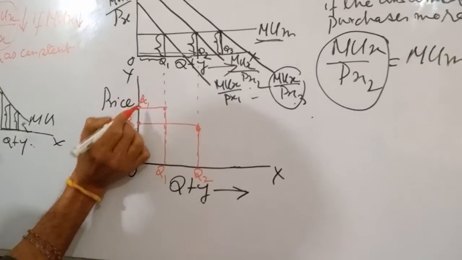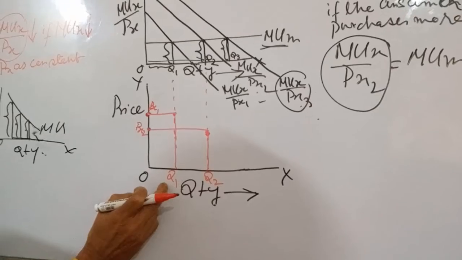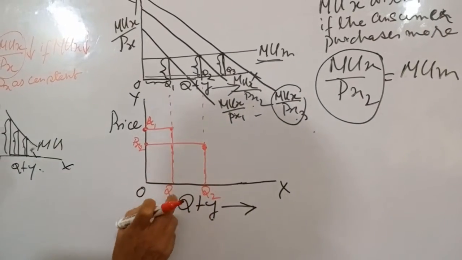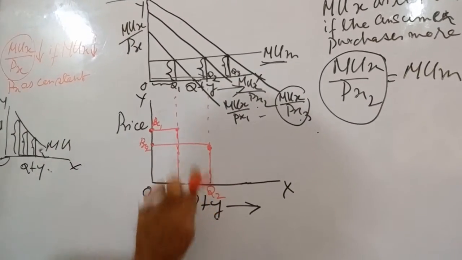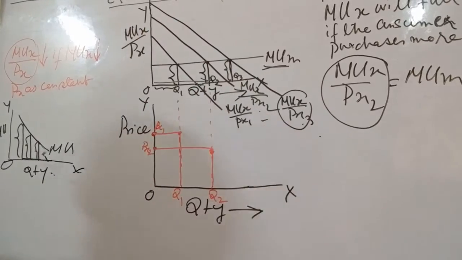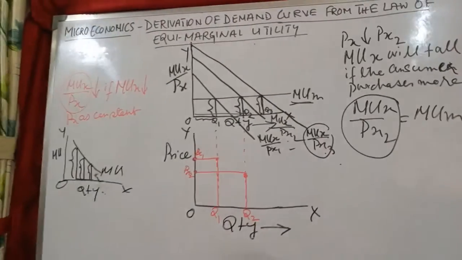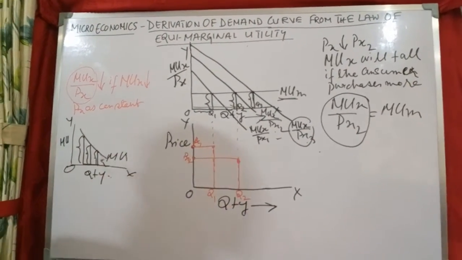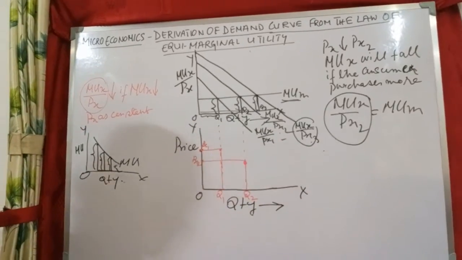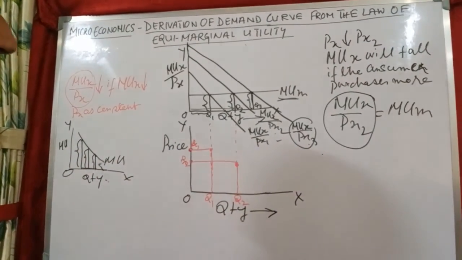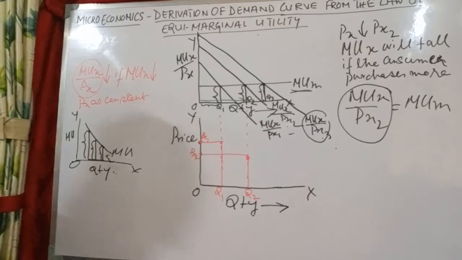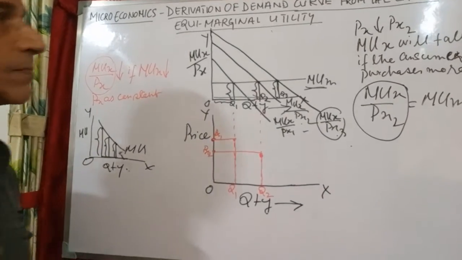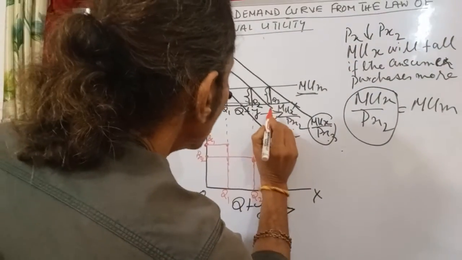This is Px1 and this is Px2. This is Q1 and Q2. Q1 and Q2 we have plotted from this part of this diagram, and the values of Px1, Px2 and Px3 are known to us. Again, as price falls from Px2 to Px3, the consumer consumes OQ3 units.